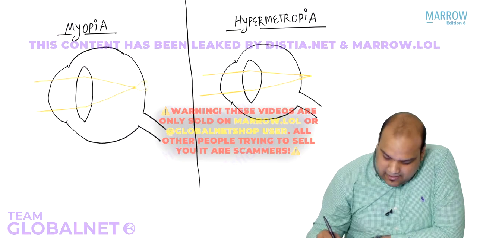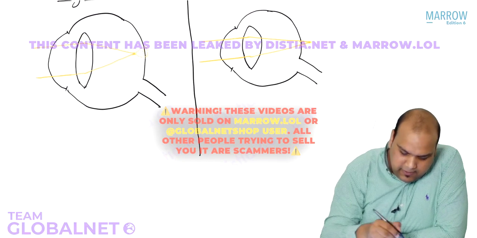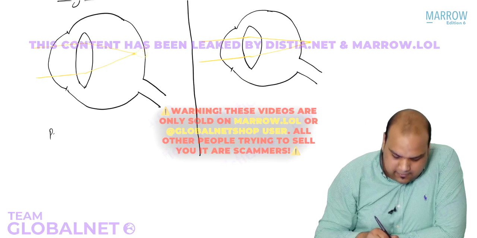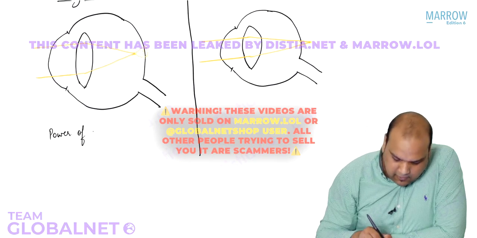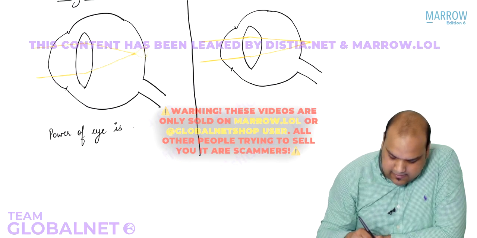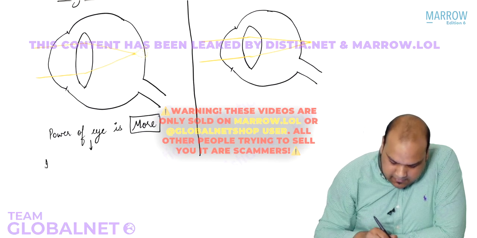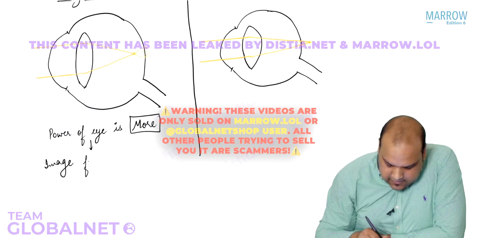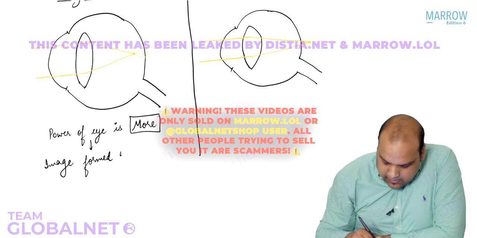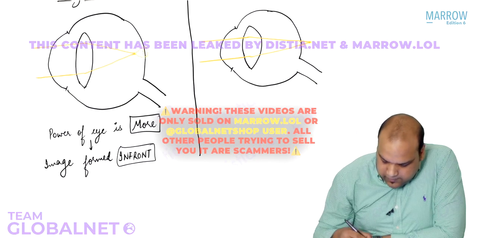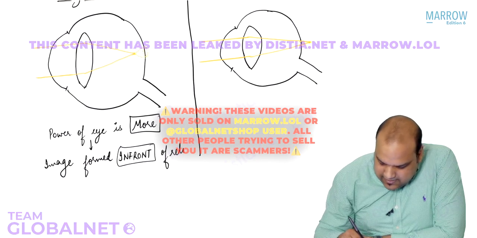Okay. Now, if I just want to write it in simple words for you, everybody, in myopia, the power of the eye is more, and that is why the image is formed in front of the retina. Very simple thing, guys.